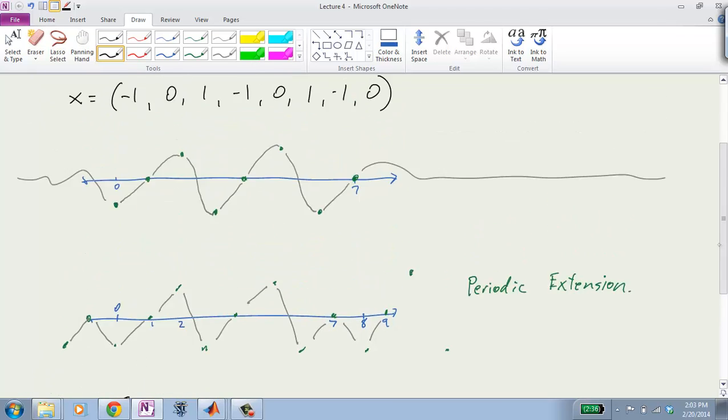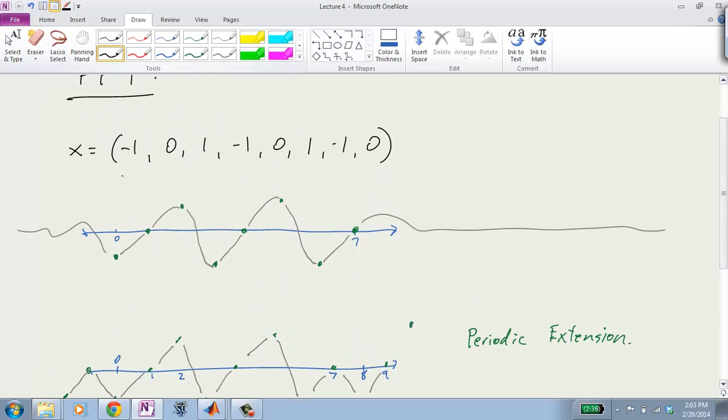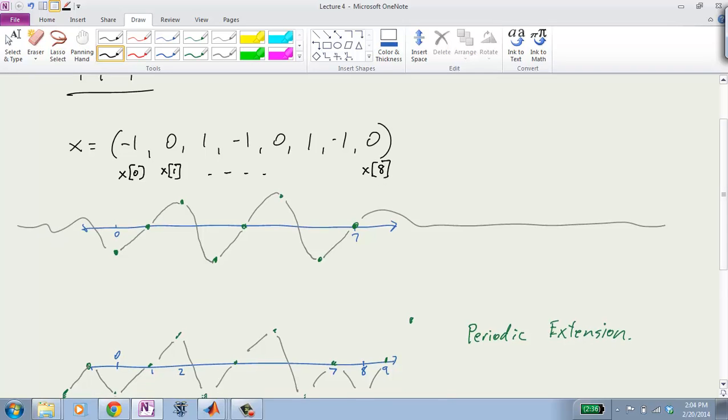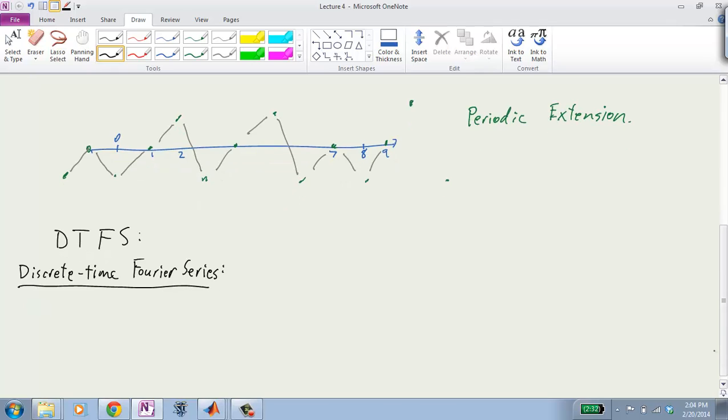So I will go back and I will label this vector the way we usually label discrete time signals. We'll call this one x at time 0, x at time 1, and so forth, x at time 8. All right. And we know the formula for the Fourier series. I'll just write it here.